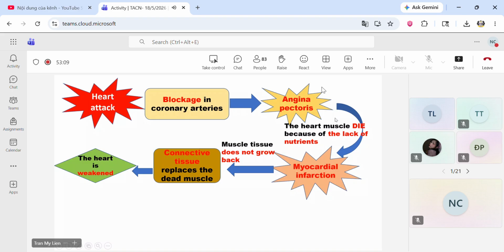The heart muscle dies because of the lack of nutrients.